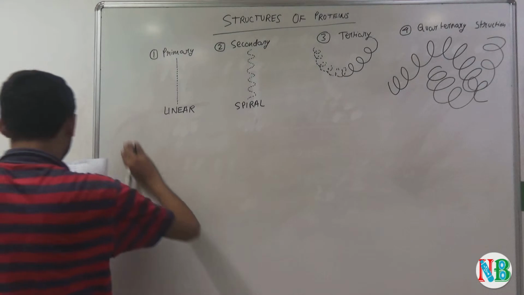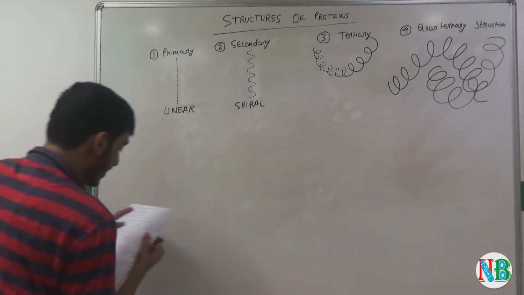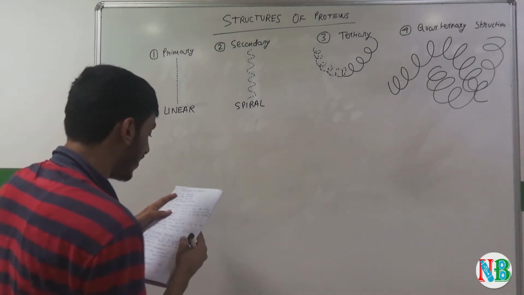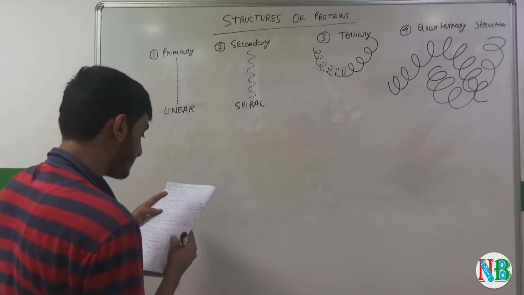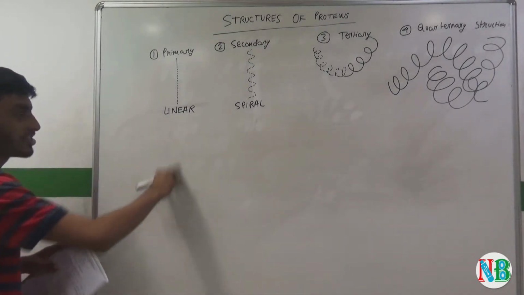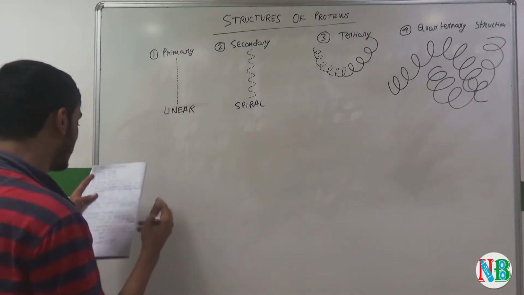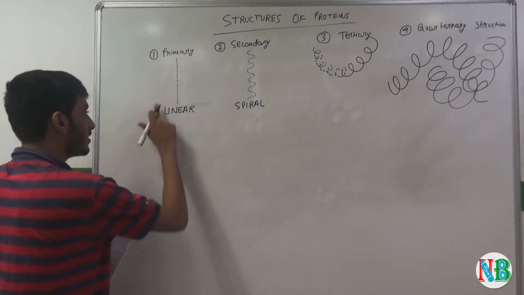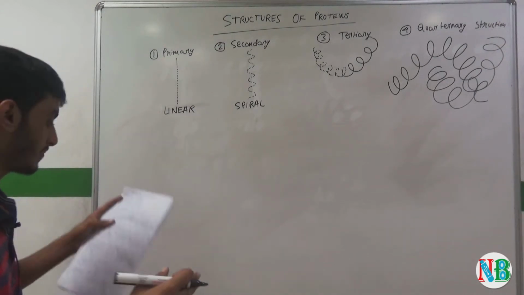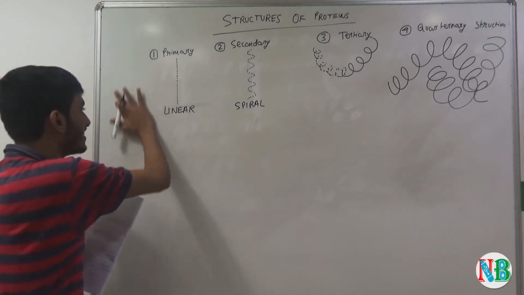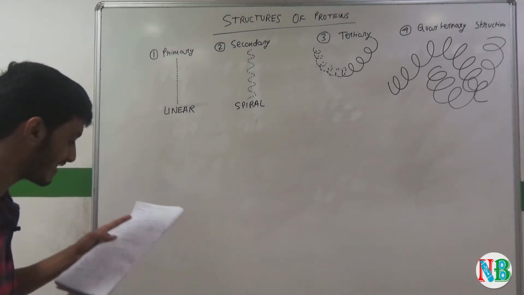In the case of the first, the specific sequence in which the various alpha amino acids in the protein are linked to one another. So in the first section, we only analyze which alpha amino acid is attached in which sequence. Here we only talk about the sequence of alpha amino acids, that's it.